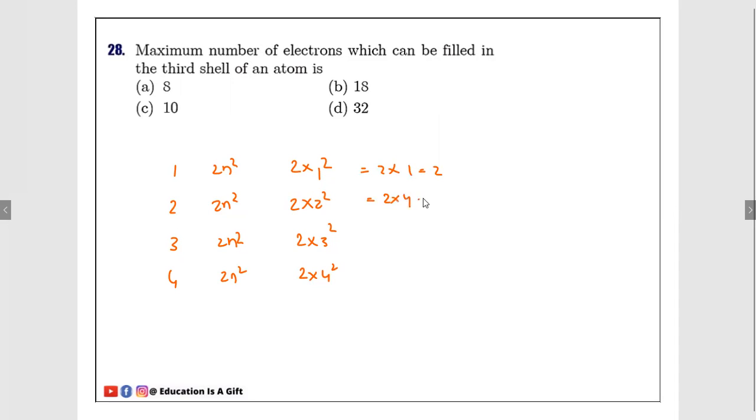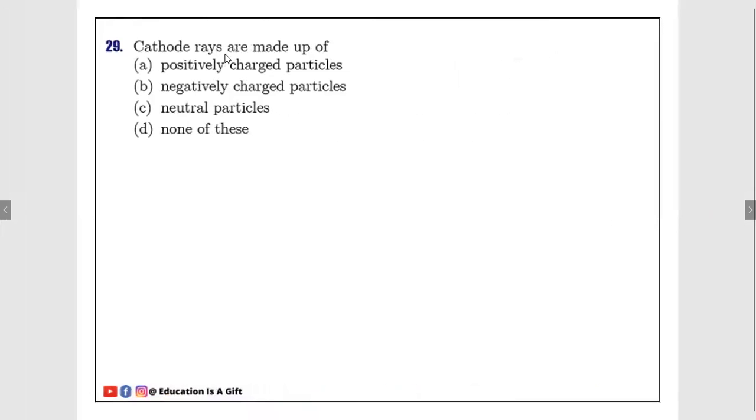Here 2 into 4, equal to 8. That is 2 into 9, equal to 18. 2 into 16, equal to 32. You have got the answer for all the orbits. 8 is for second, and they are asking about the third shell. Third shell, it should be 18. So answer B.